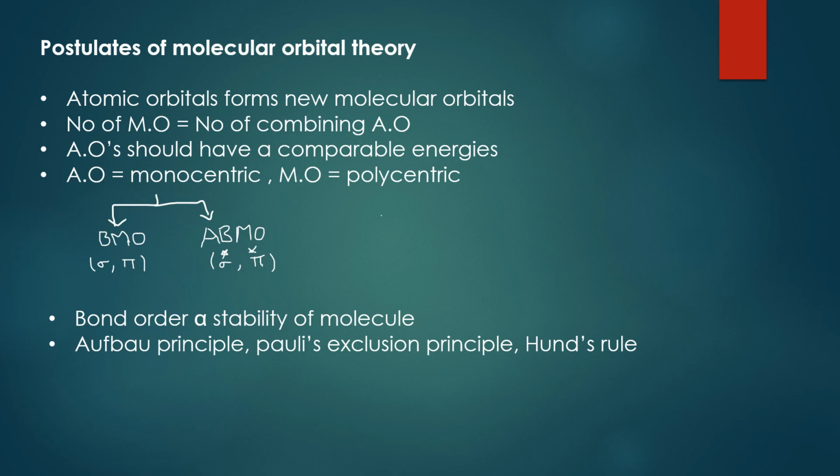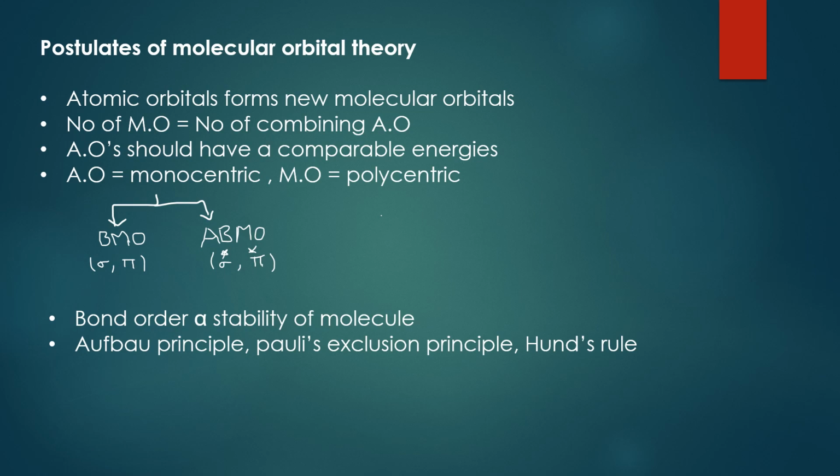The H2 molecule is the combination of two hydrogen atoms, each carrying one electron in its 1s atomic orbital. When these two 1s atomic orbitals combine, they form new molecular orbitals.